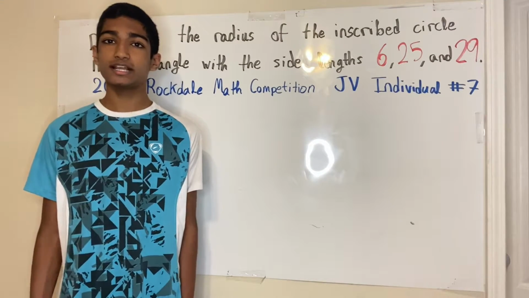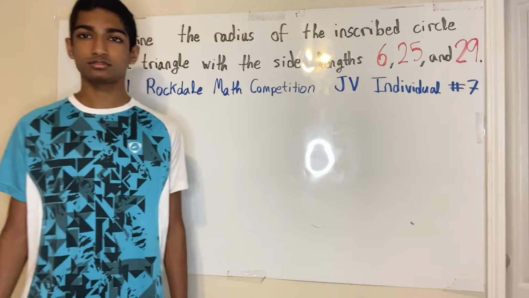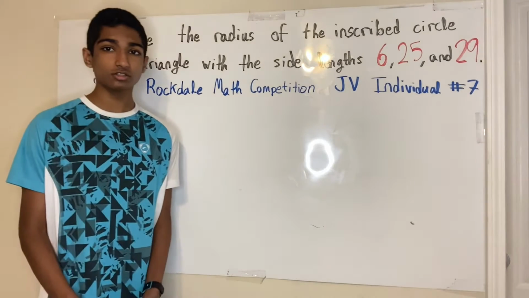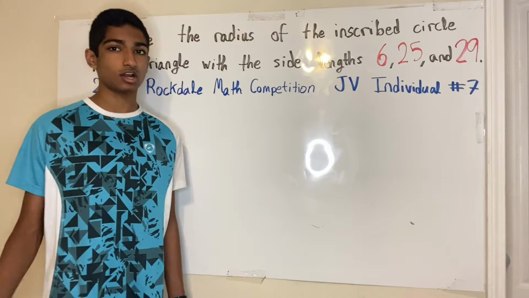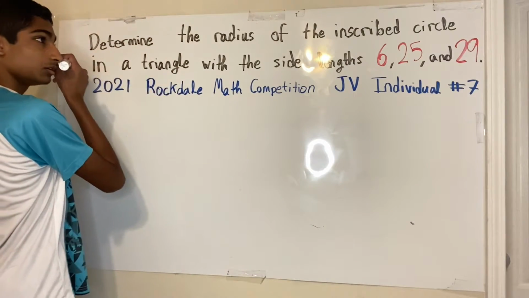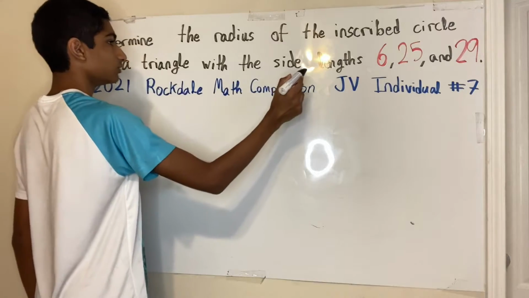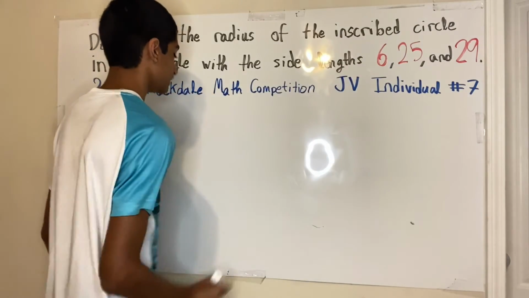Okay, I'll give you a quick second to read the problem again. Okay, so the first thing we want to do with any geometry problem is draw a diagram. So let's draw a diagram of an inscribed circle in a triangle with side lengths 6, 25, and 29.